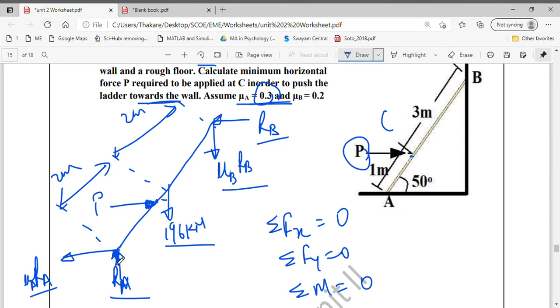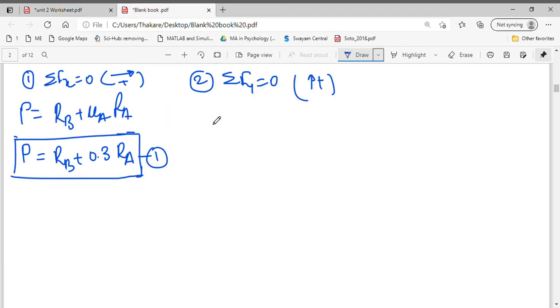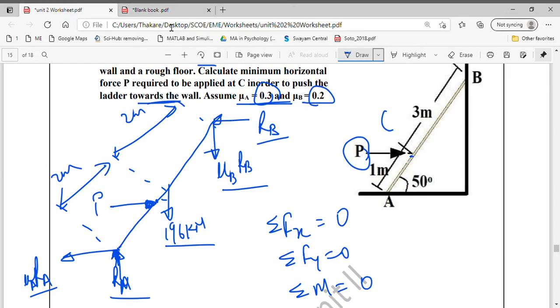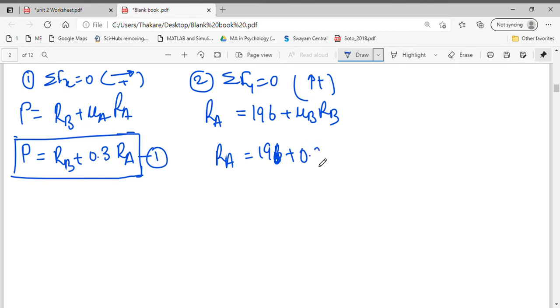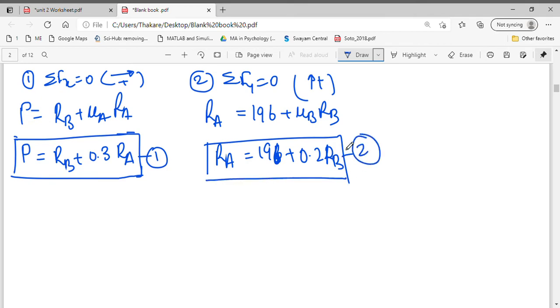Only Ra is acting in upward direction, so we will have positive Ra equals to 196 plus mu B into Rb. So you will have Ra equals to 196 plus the value of mu B is given as 0.2. So this is 0.2 times of Rb. Let this be your equation number 2.